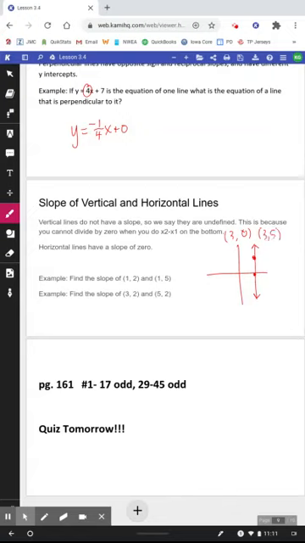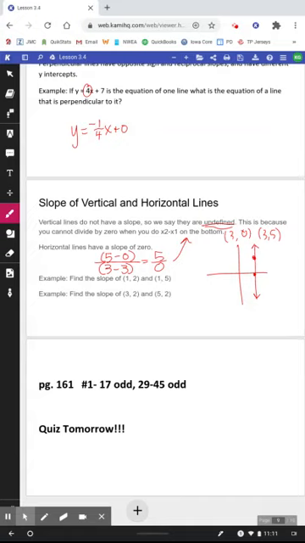When I do my slope, I'd have 5 minus 0 over 3 minus 3, which gives me 5 divided by 0. And you cannot divide by 0. And so what we call this is undefined because we cannot divide by 0. So vertical lines do not have a slope. We say they are undefined.